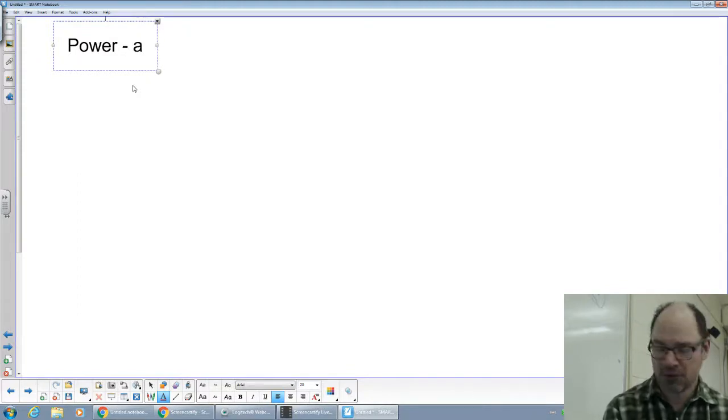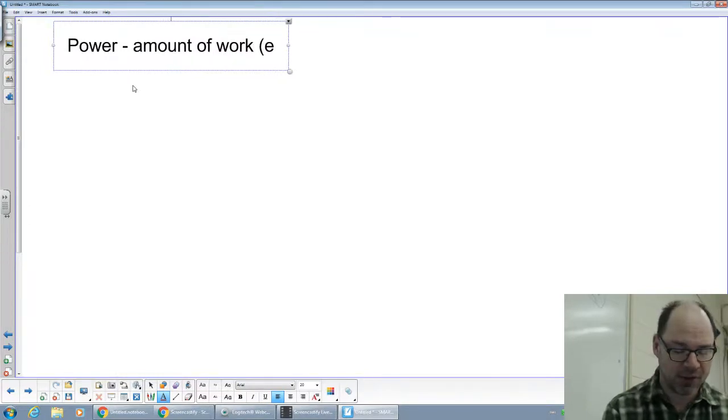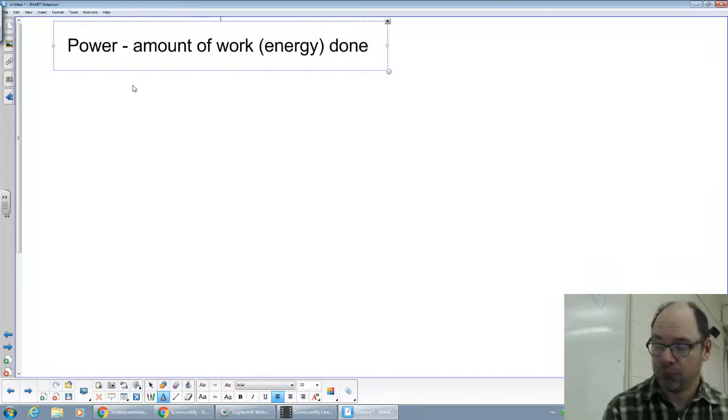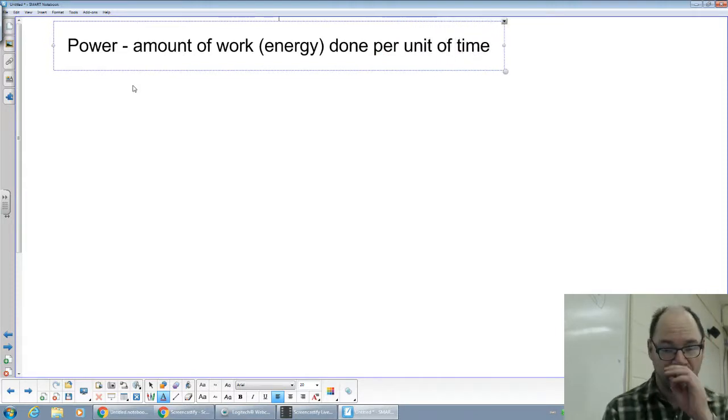So it's the amount of work, which we'll put in brackets, energy, done per unit of time. And the unit of time that we use is a second.